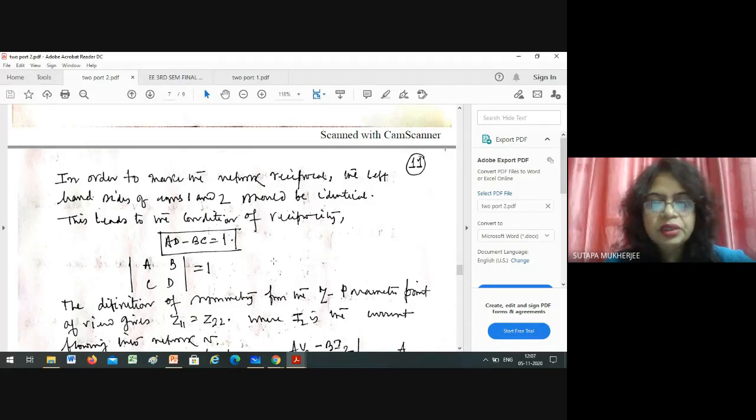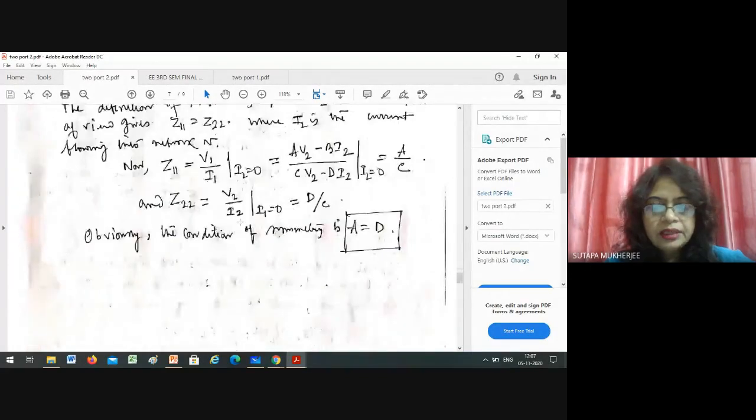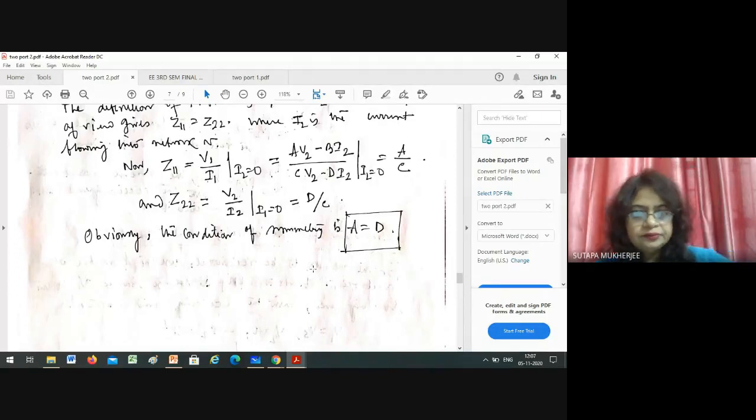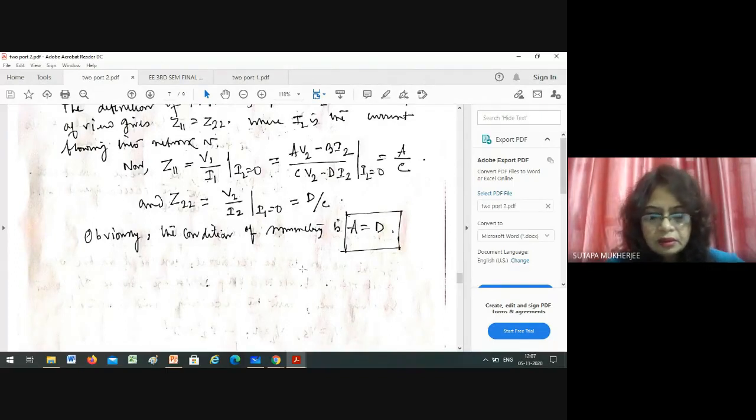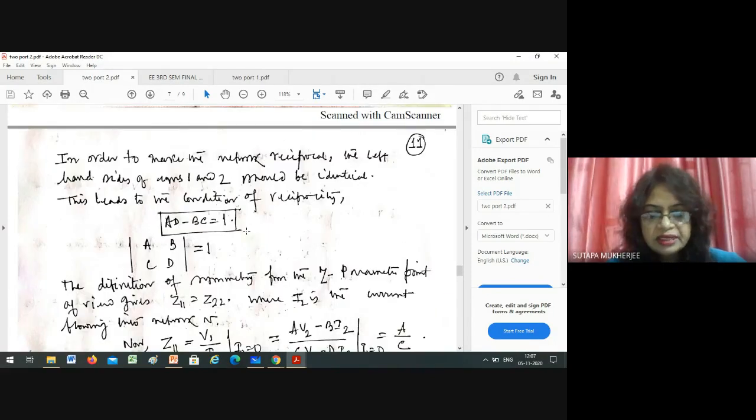This is very important, and this is the matrix form. The definition of symmetry for Z parameter was Z11 equals Z22. Here it will be A equals D. So the condition for symmetry is A equals D, and the condition for reciprocity is AD minus BC equals 1.